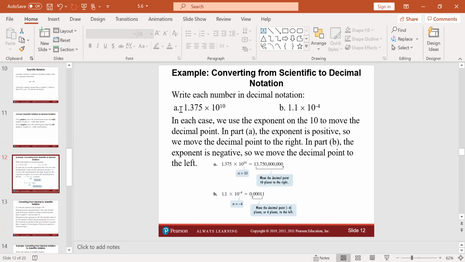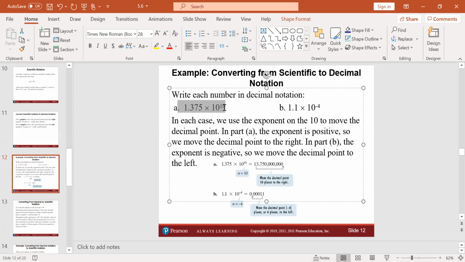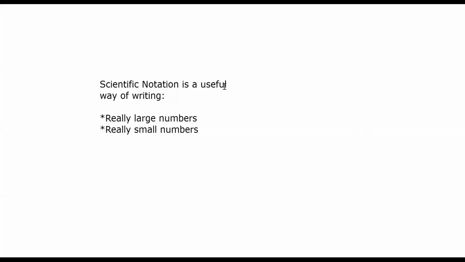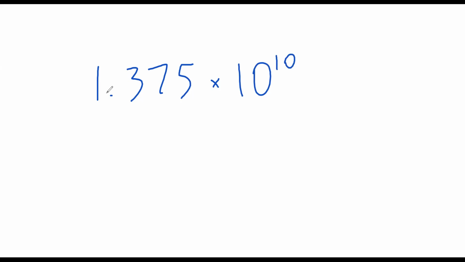So for instance, 1.375 times 10 to the 10th. This is our number A, 1.375. This is n, the power.